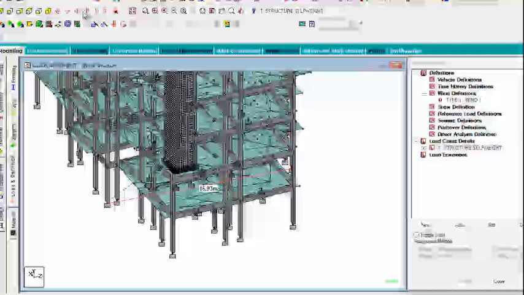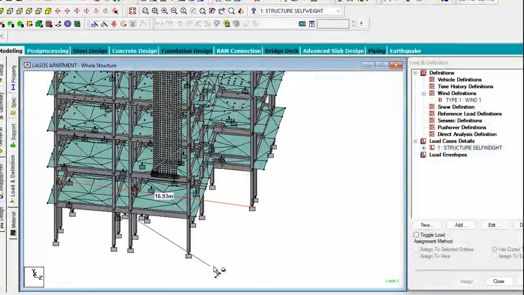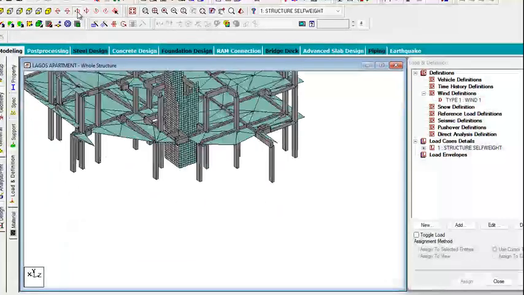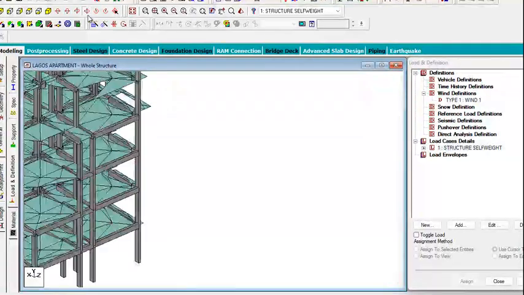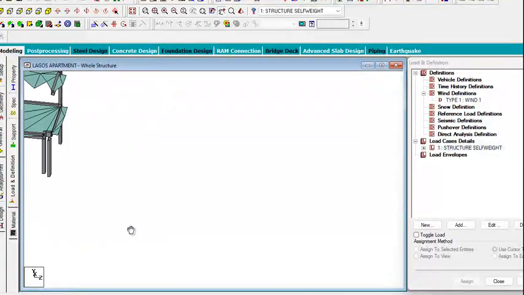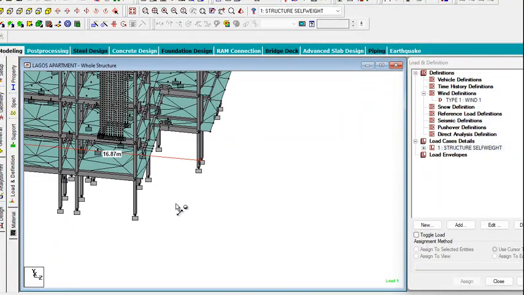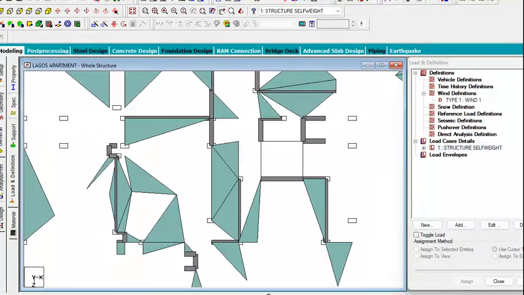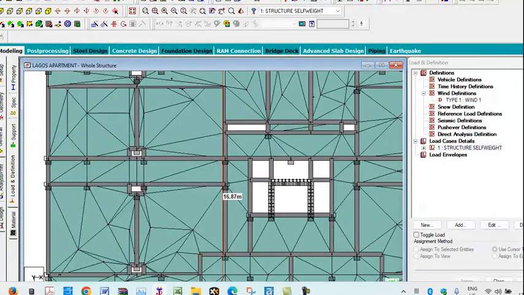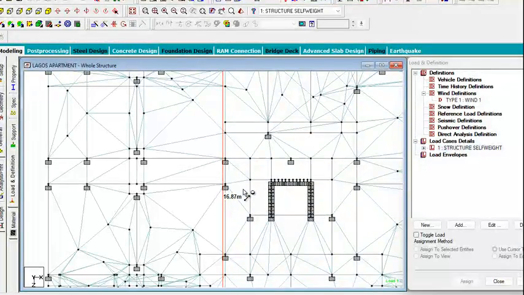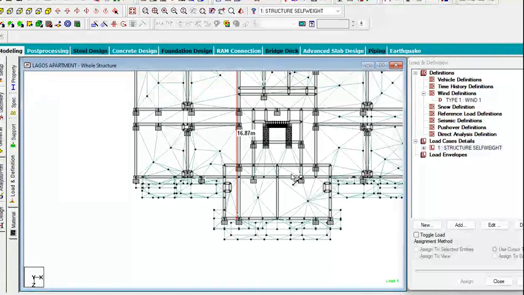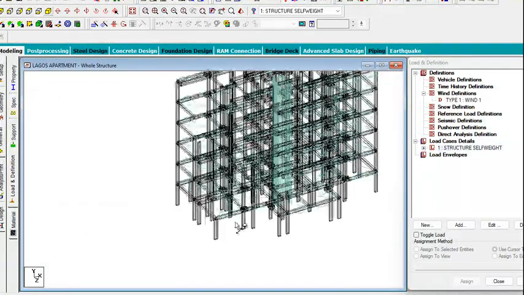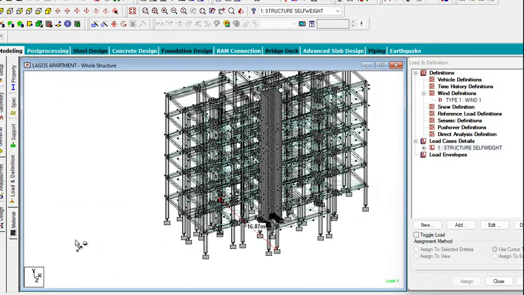So you look at from there to there. Let me take out this dimension. Right. If you look at the crosswind dimension from there to there, you have 16.87. So I am to apply the wind load in that direction.